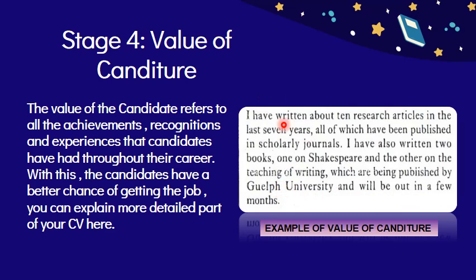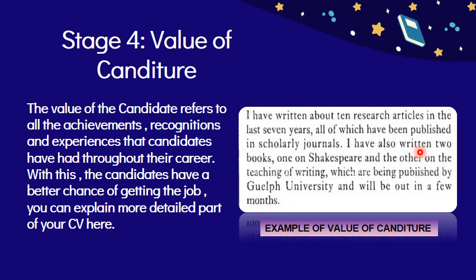Okay, as you can see, the value of this worker and this teacher is his ability and recognition: he wrote 10 research articles, and they have been published in different scholarly journals.